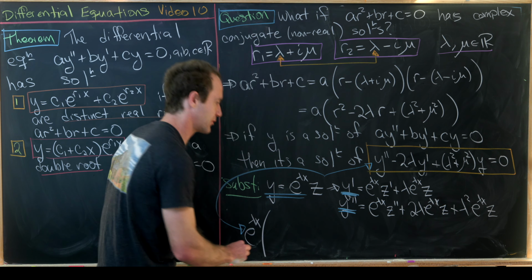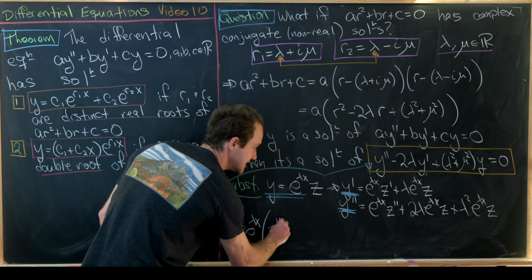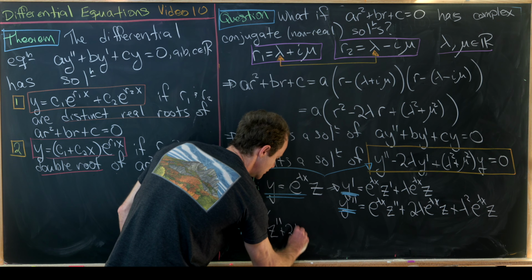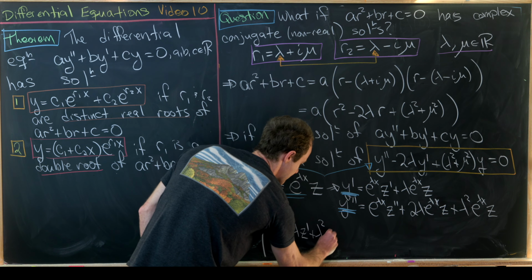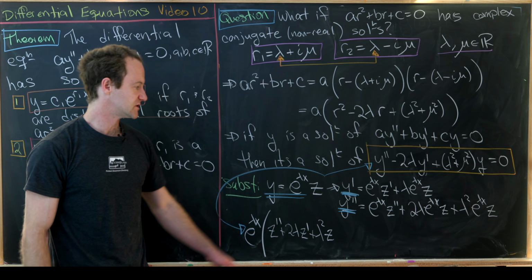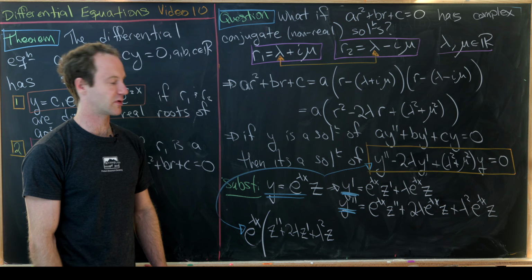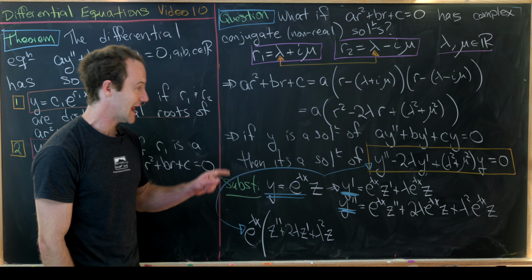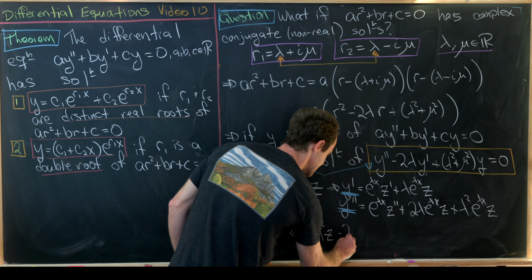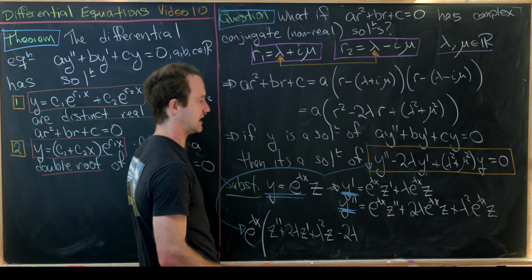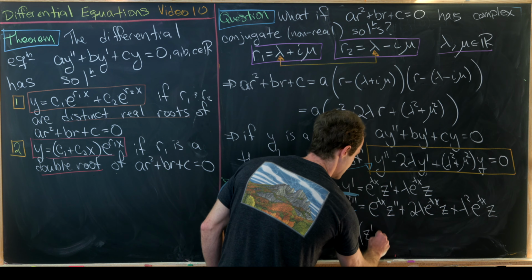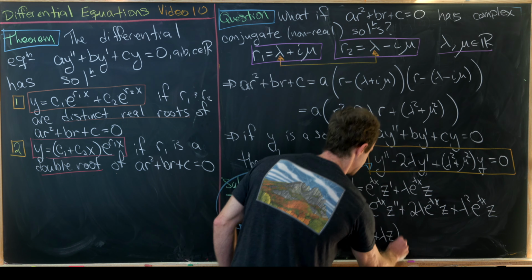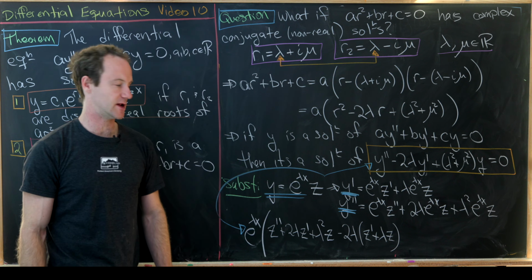So our y double prime will have a z double prime plus 2 lambda z prime plus lambda squared times z left over. Then next up, I have minus 2 lambda times y prime. So that's going to give me a z prime plus lambda times z from this term right here.